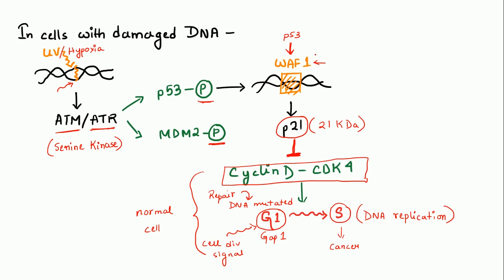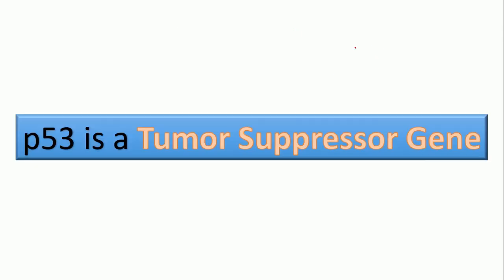Okay, so p53 is not directly involved, but it is helping the encoding of p21, so it is indirectly involved in repressing the cell cycle. And since it is repressing the cell cycle, that is, it is not letting the cell proliferate or grow, that is why it is called a tumor suppressor gene.